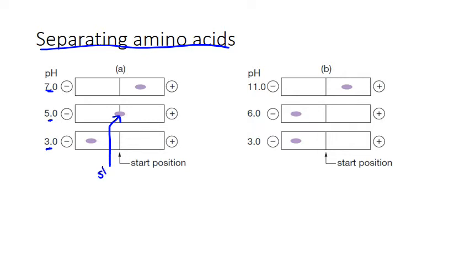So this has stayed in the one spot. So that to me says this is the isoelectric point because it hasn't moved. Okay, so what I'll try and do is find some amino acid that has an isoelectric point of 5.